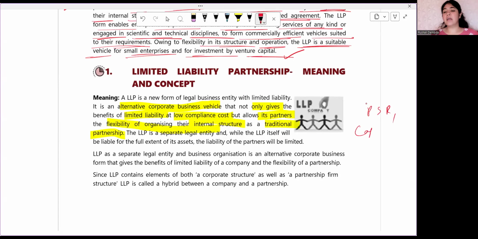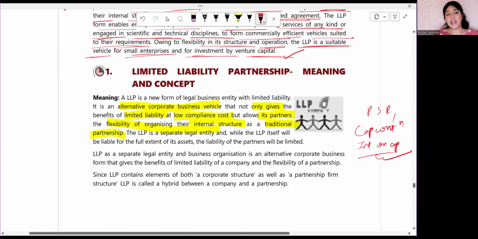PSR can be there, capital contribution can be there, then your interest on capital, all these regular things can work. Along with this, one thing that is added over here is that the liability will be limited. LLP is a separate legal entity, and while the LLP itself will be liable for the full extent of its assets, the liability of the partners will be limited.